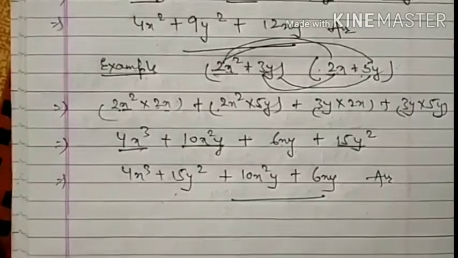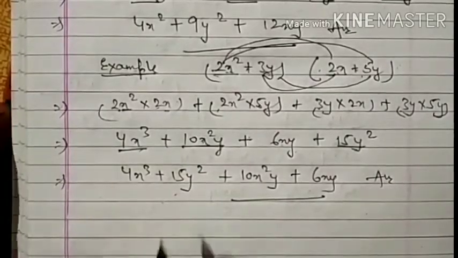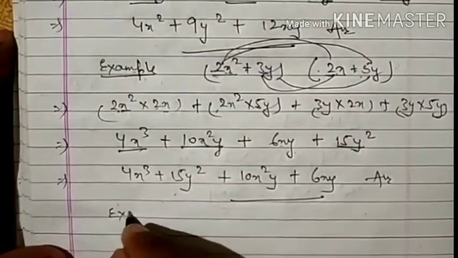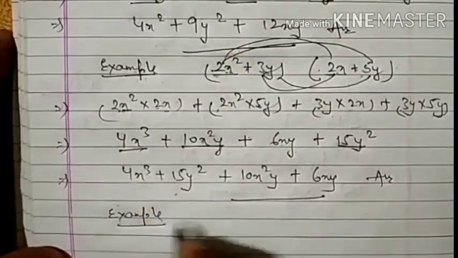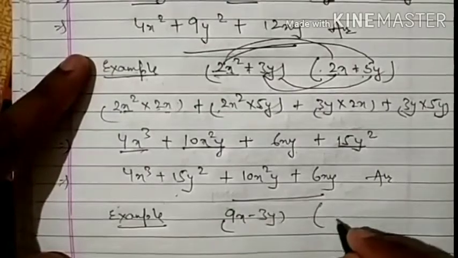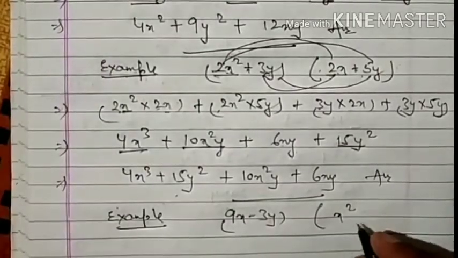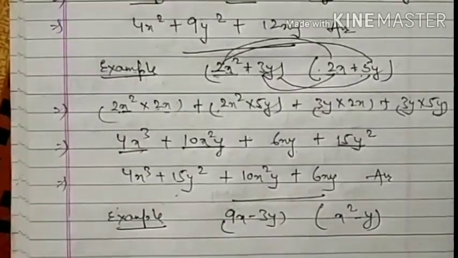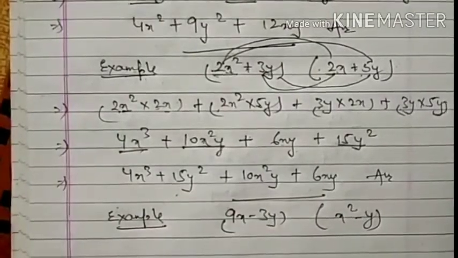Let's take an example with a negative approach. This time the question is very simple. 9x minus 3y multiplied to x square minus y. Both the terms are negative.